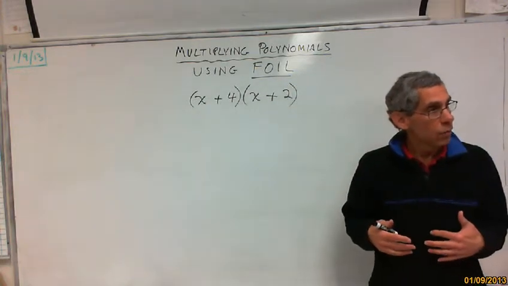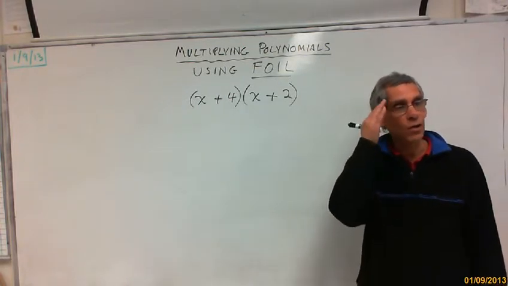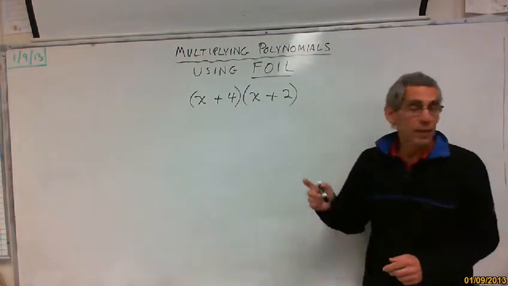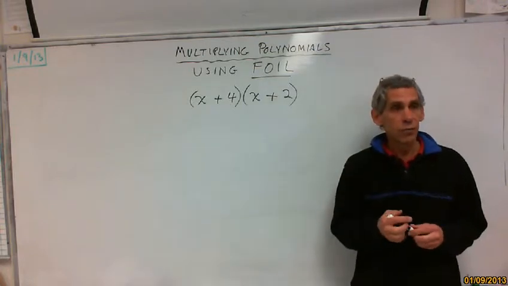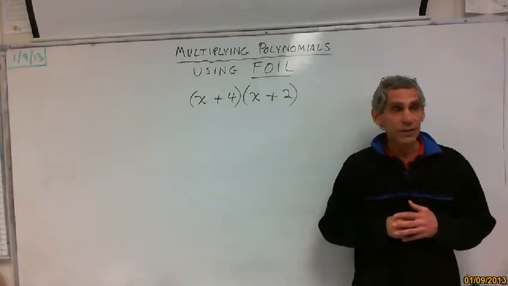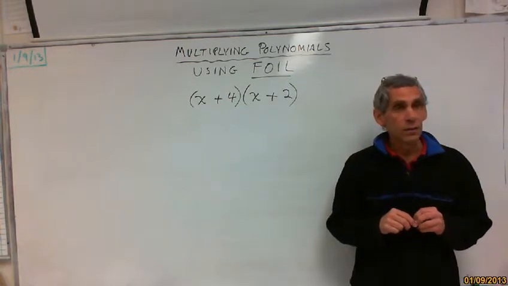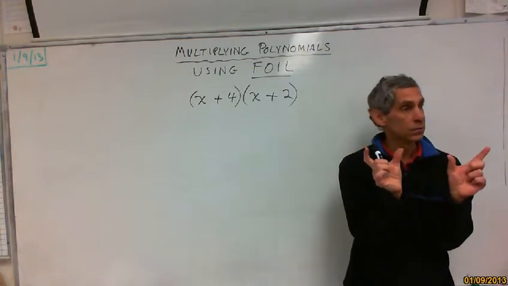So you're going to end up doing exactly the same thing. It's just that you're going to be thinking of it in a totally different way. The reason I teach it is because you will see it in Algebra 2. They will use this a lot. I don't know of any teacher that doesn't use this. The trouble with FOIL is that it only works for a binomial times a binomial.